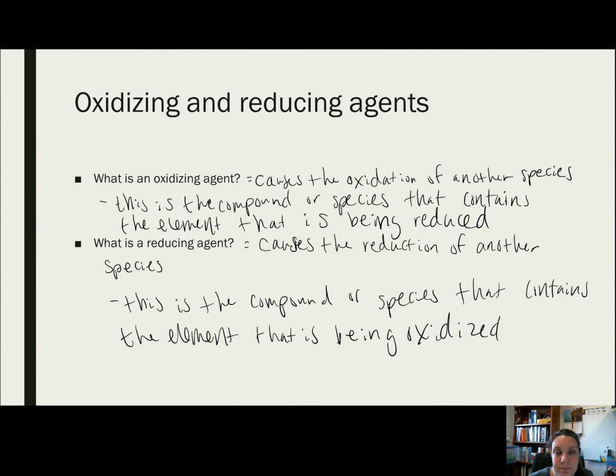So, elements and atoms are oxidized or reduced. Compounds with our element or atom are oxidizing and reducing agents.